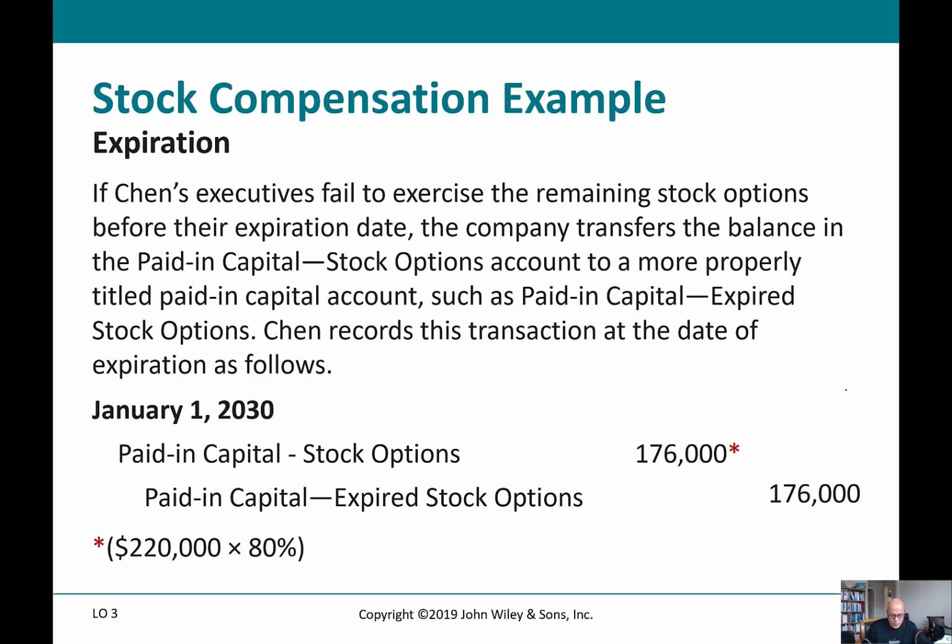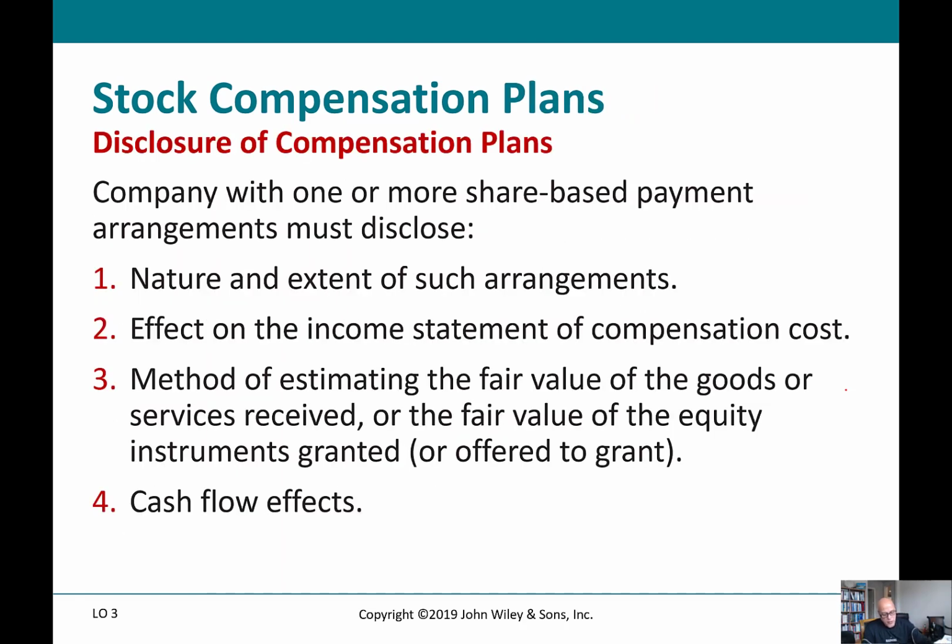So anyway, these examples don't have to be realistic. They just need to be such that you understand the accounting. Okay, good. Now, of course, you'd have to disclose various things, including, as you can see down there, how you estimated the fair value, and then the cash flow effects.